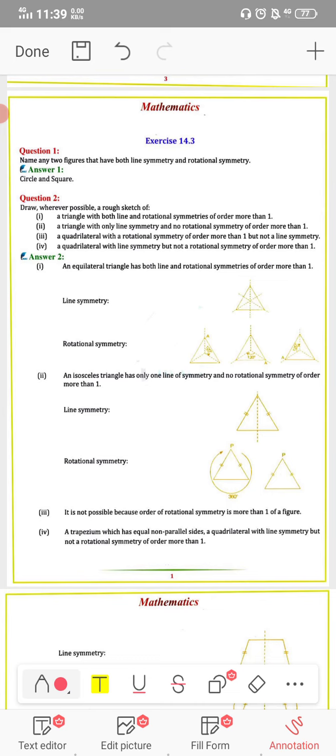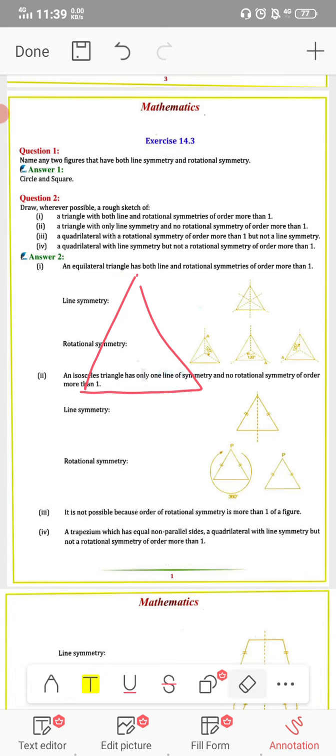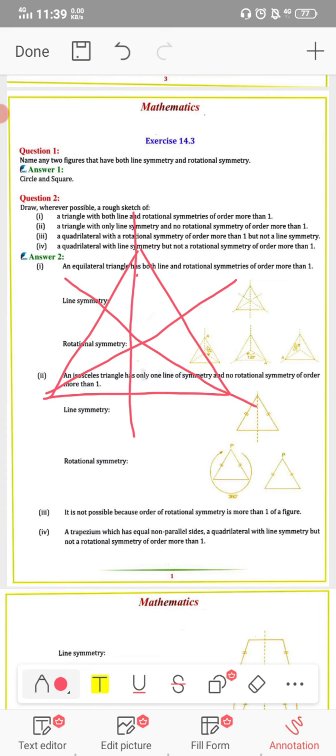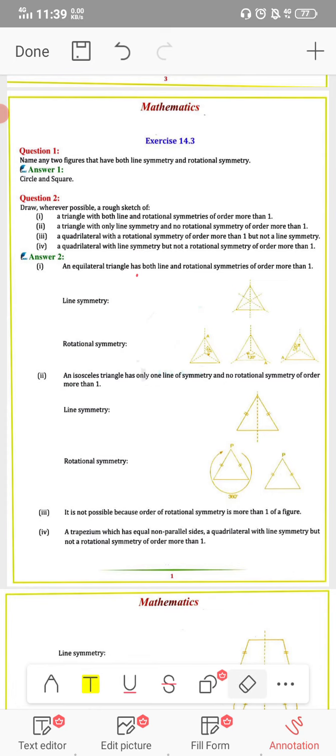Line symmetry means if you draw an equilateral triangle like this, so first, second and third, we are having 3 lines of symmetry in an equilateral triangle, and also the order of symmetry of an equilateral triangle is 3. So that's why we have symmetries of order more than 1. This means the order of symmetry is 3, which is more than 1.